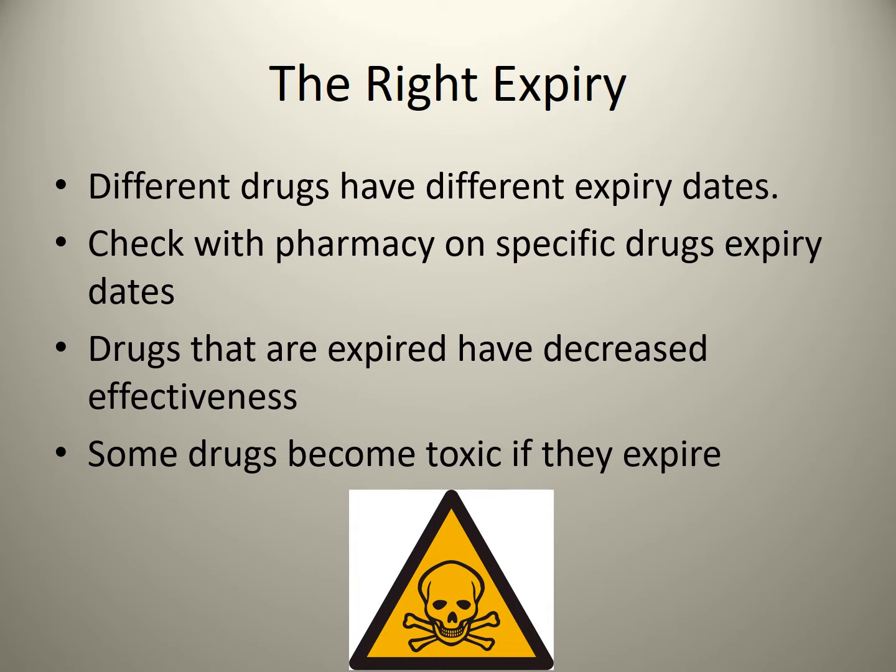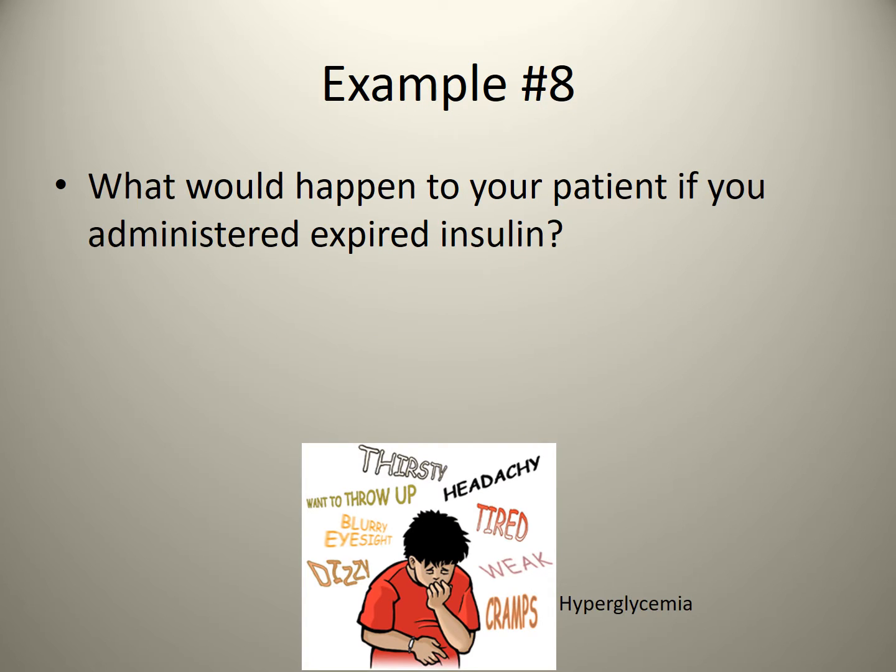Some drugs become toxic if they expire. So what would happen if your patient was administered expired insulin? Expired insulin may not decrease a patient's blood sugar like it should, therefore it leads to a sustained high blood sugar, and in turn has many different effects on the body.